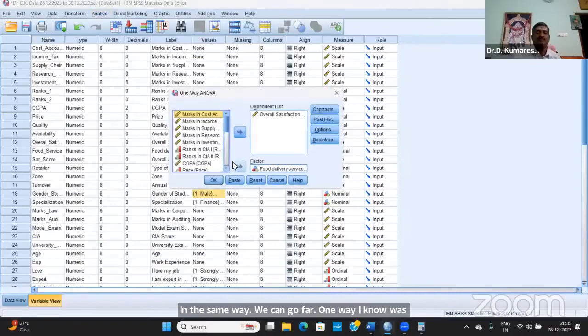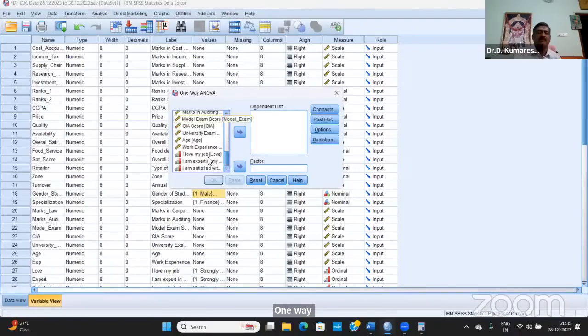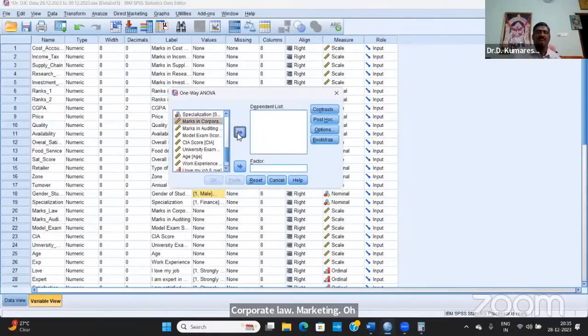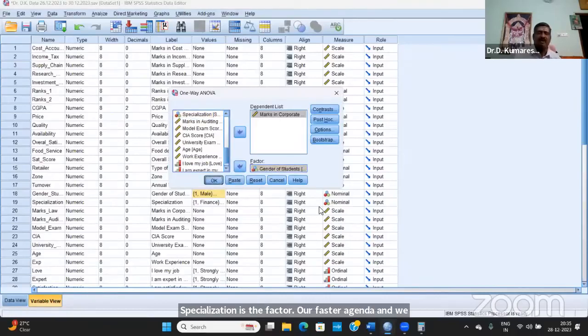One-way ANOVA. Corporate law, marketing, corporate law, and we will check the specialization. Specialization is the factor. Or first gender. We will go for gender. Look at here.